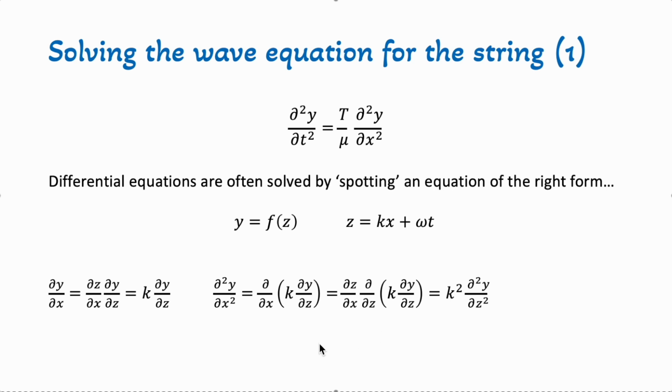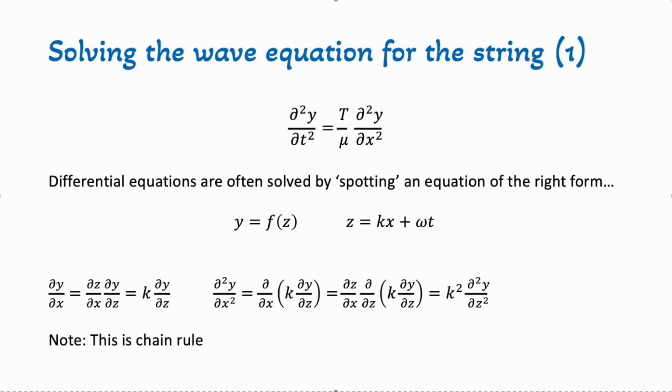When we differentiate again, we can again do chain rule, so we can say d2y/dx squared is d/dx of our previous result, k dy/dx, and that must be equal to dz/dx, which again is another k, times d/dz of k dy/dz, so we end up with k squared d2y/dz squared.